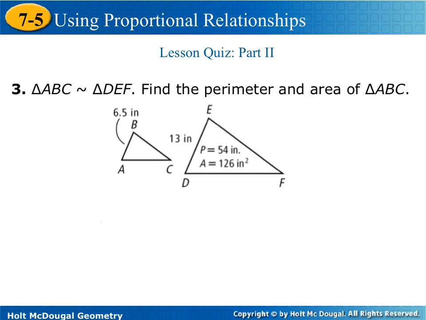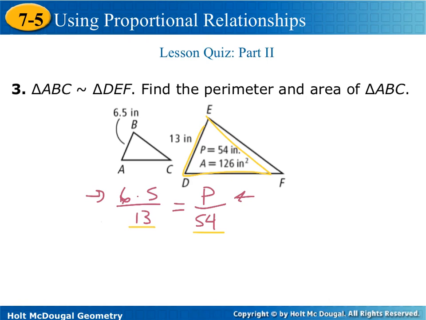What's our ratio going to be? 6.5 over 13 is equal to P over 54. Since 6.5 came from the smaller triangle, we do P over 54, because both the 13 and the 54 are talking about the triangle to the right, DEF. So we need to keep those on the bottom.